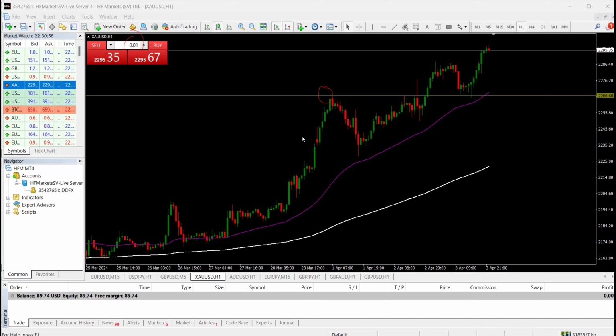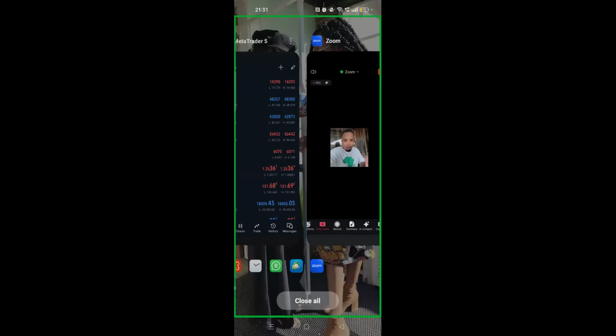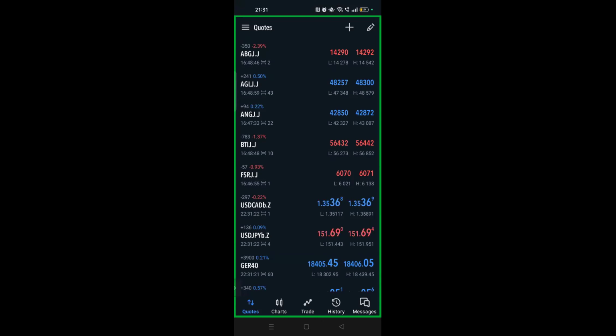Are you ready? Are you able to see my screen? Yes. Okay, so where do you want me to go? MetaTrader 4 or 5. Yes, I'm there on MetaTrader 5. Okay, that's fine.